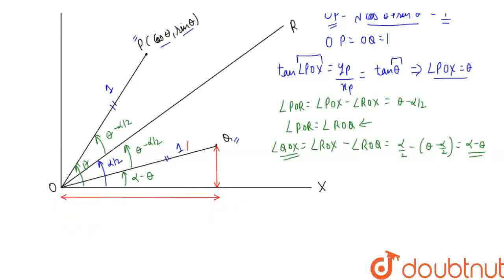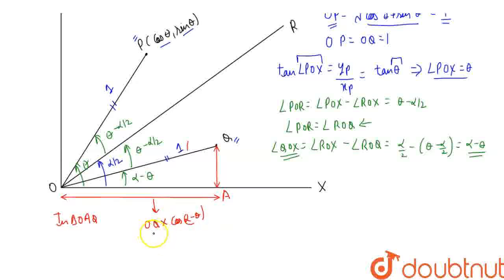So if we name this point as A, then in the triangle OAQ, we can find this length as OQ cos alpha minus theta, OQ into cos of alpha minus theta.